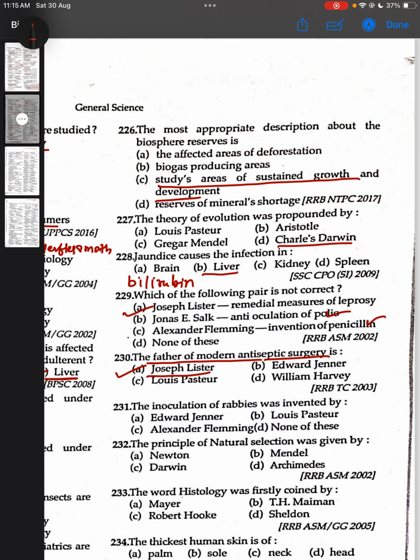And Jonas E. Salk developed the first successful polio vaccine, but the polio vaccine which we take today, which means oral polio vaccine, was developed by Albert Sabin.